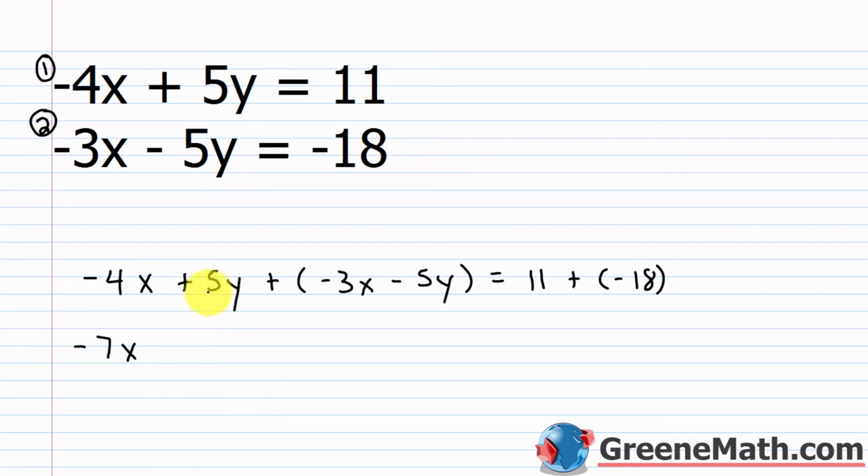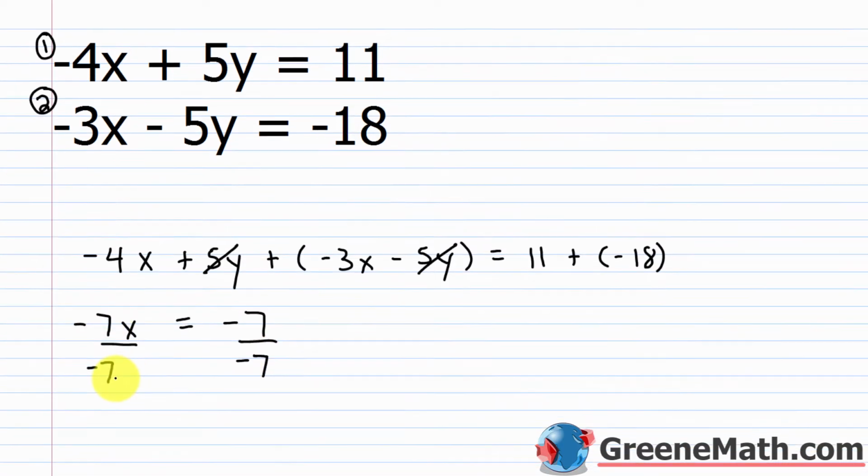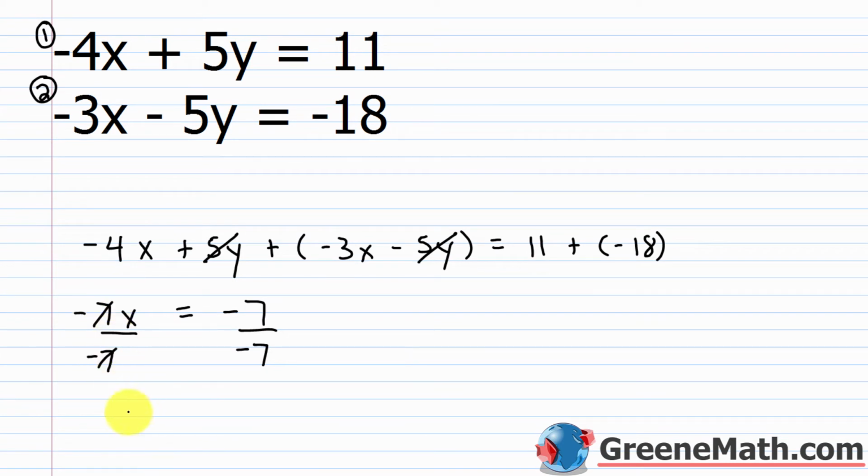So the variable y has been eliminated. We have negative 7x equals 11 plus negative 18, which is negative 7. Just that quickly, we have a linear equation in one variable. Divide both sides by negative 7, the coefficient of x, and x is equal to 1.